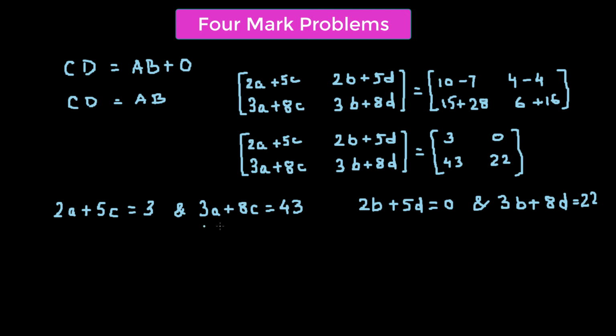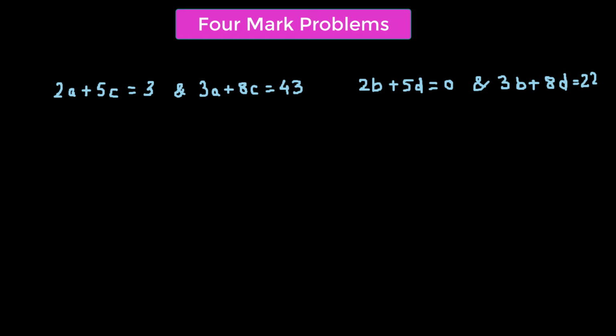We'll solve the first two equations and that should give us the values of a and c. Let's rename our equations. This is equation number 1, this is equation number 2, this is equation number 3, and we have equation number 4.